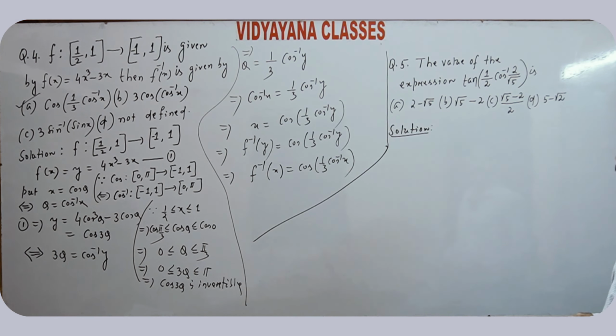the value of the expression tan half of cos inverse 2 by root 5 is dash.